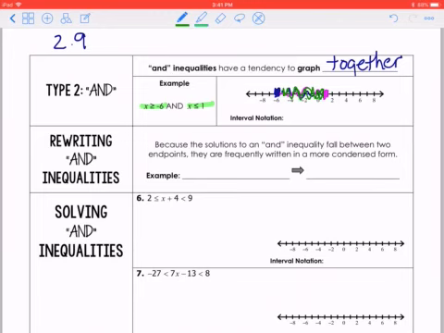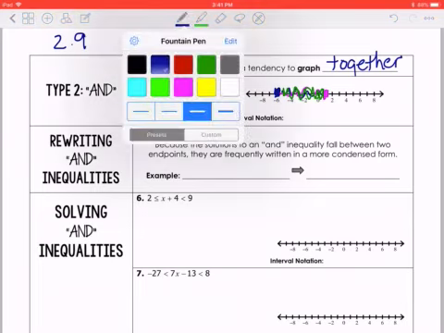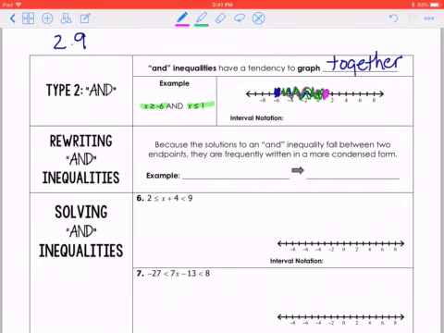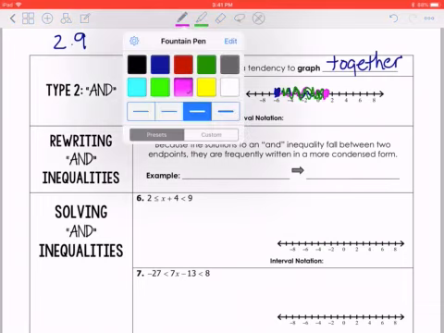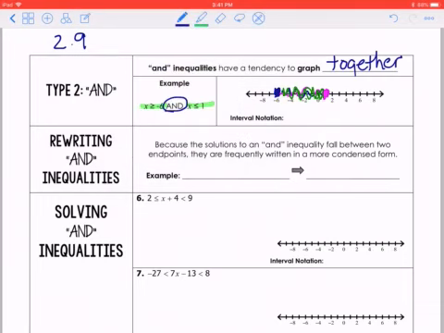So look, when you graph on these, sometimes it's best to graph your 2 points first, and then know that you're going to shade in the middle every time. So if the word AND is in there, now your graph is going to be shaded in the middle, okay?